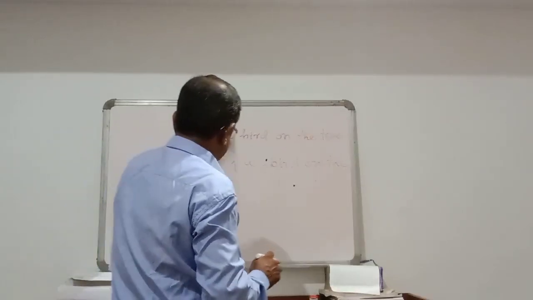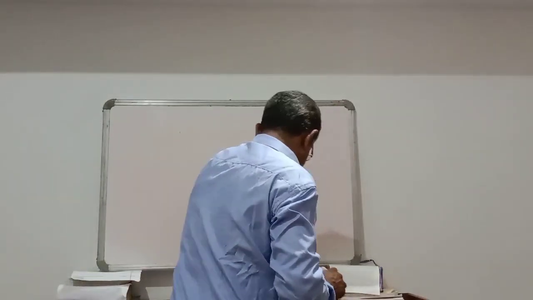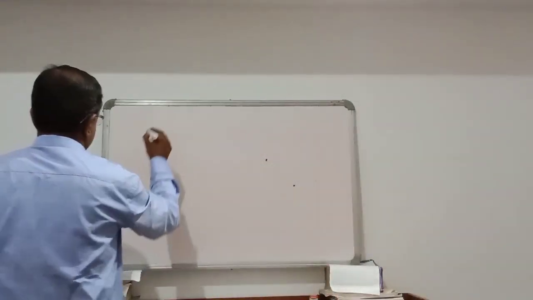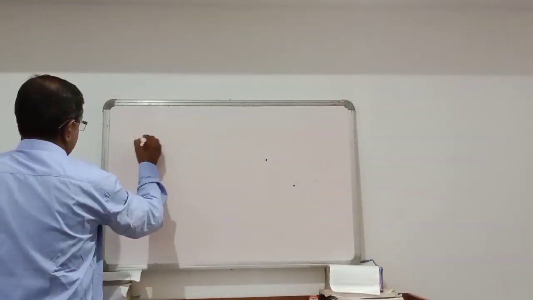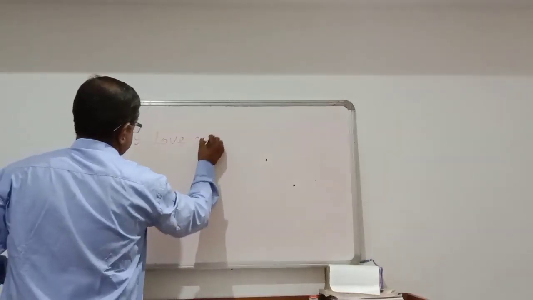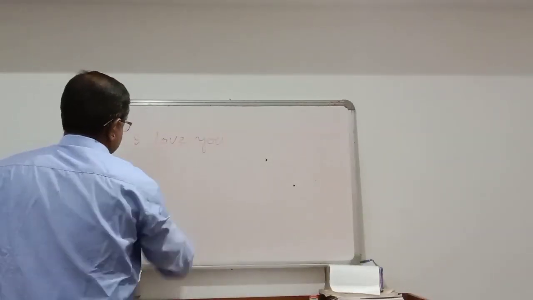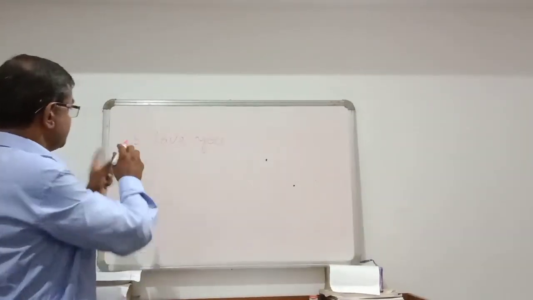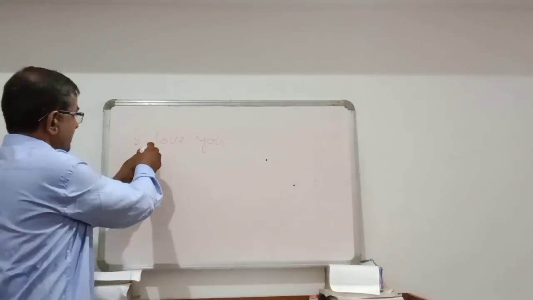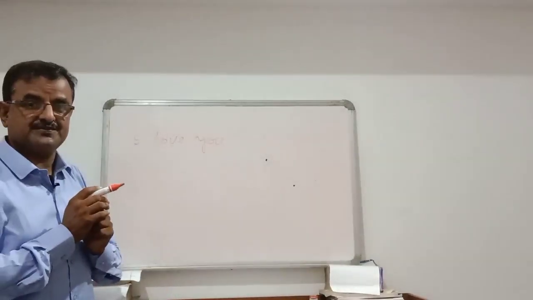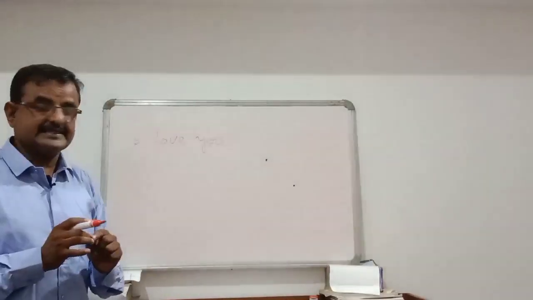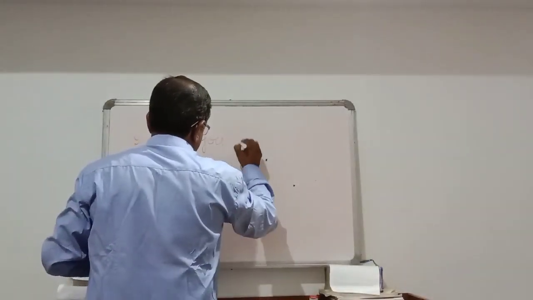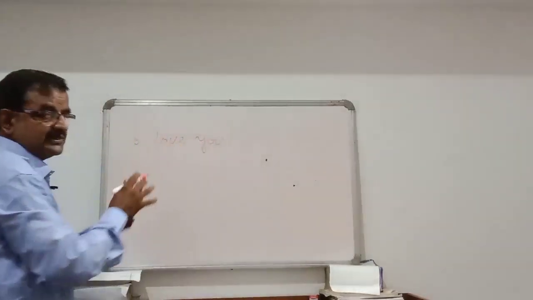And another verb, you see verbs of feeling or emotion. Love, I love you. Usually the verbs of perception are non-conclusive verbs. That means non-continuous verbs. These verbs do not take continuous form, that means verb plus ing. So it is correct, I love you, and we always use I love you.